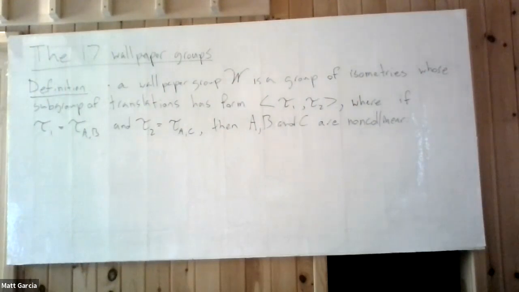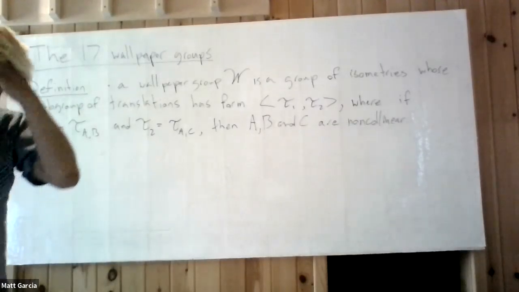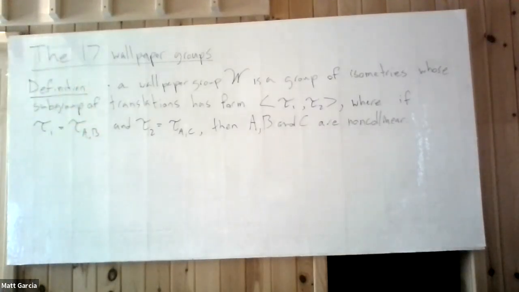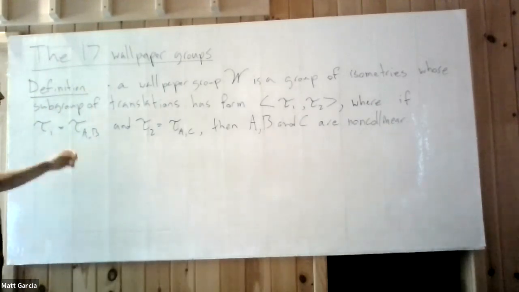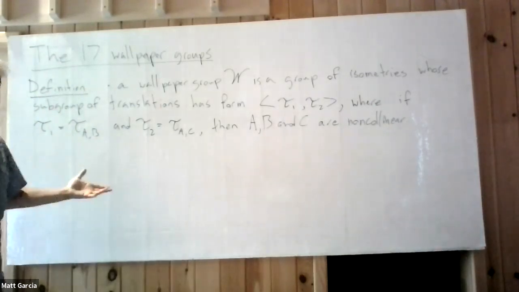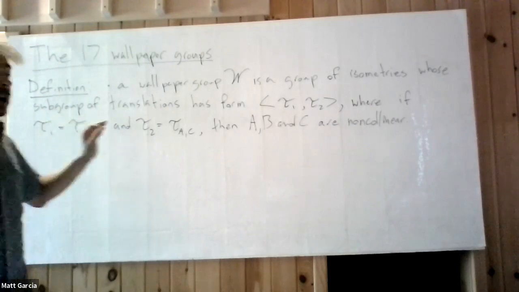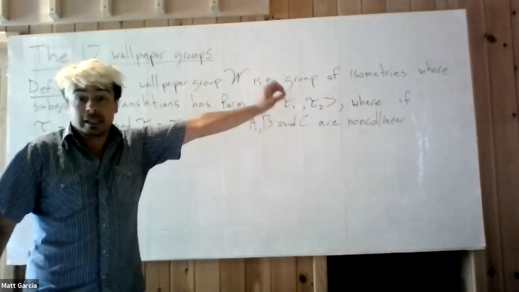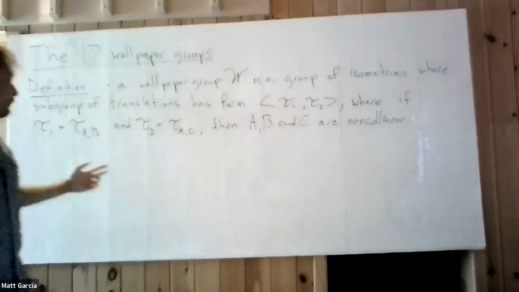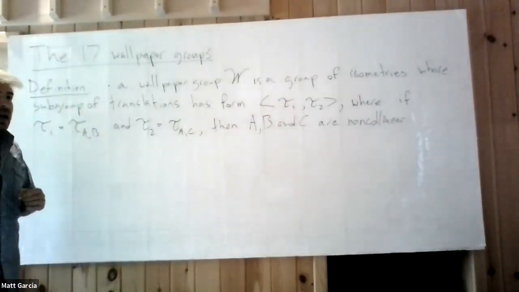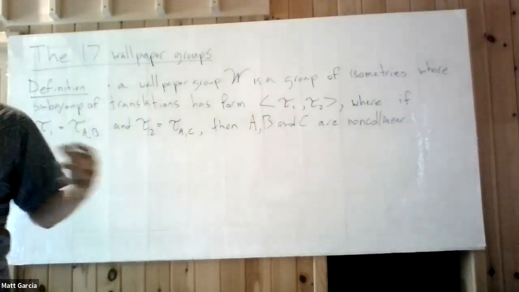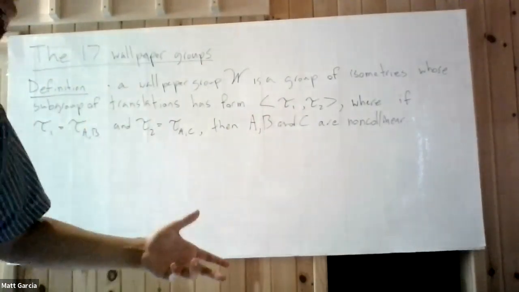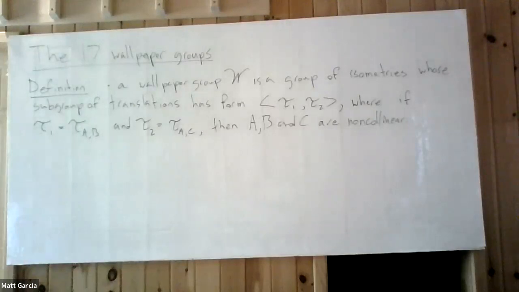So even though, say for example, tau is the unique translation that takes A to B, we could start at any other point D, and if we move the translation vector to that point D, whatever point it ends at, we can rewrite this translation tau AB as tau taking D to that point.